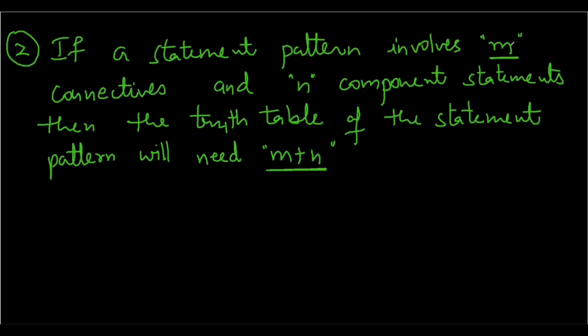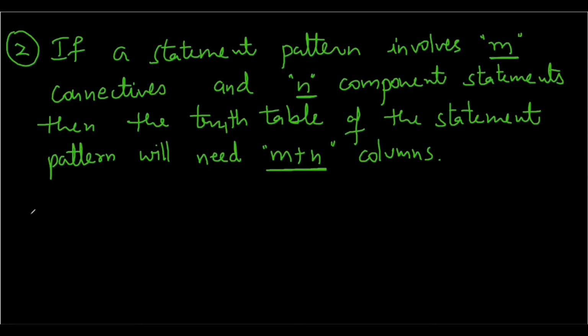Remember students, if m is a number, n is a number, then m plus n has to be a number. So the statement pattern will need m plus n columns. It will need m plus n columns.